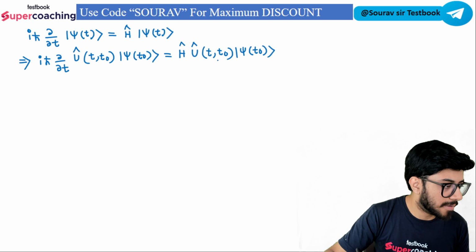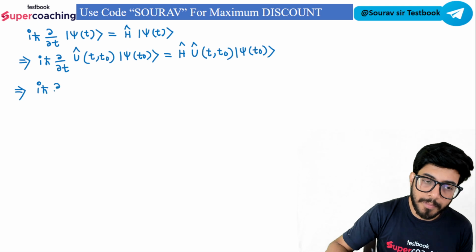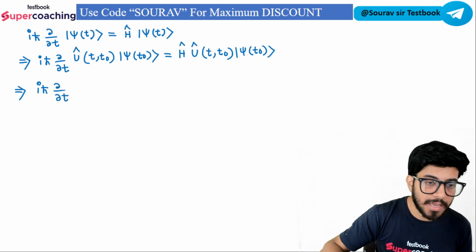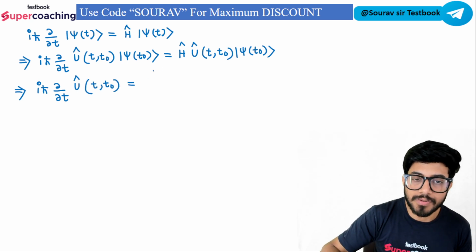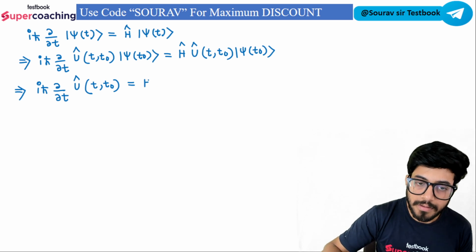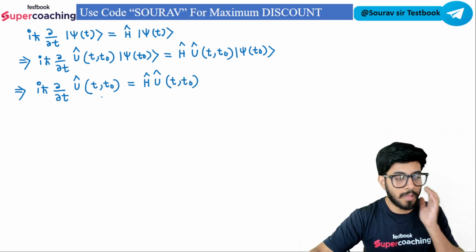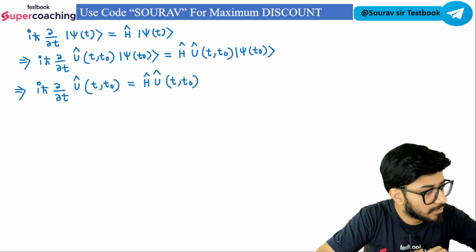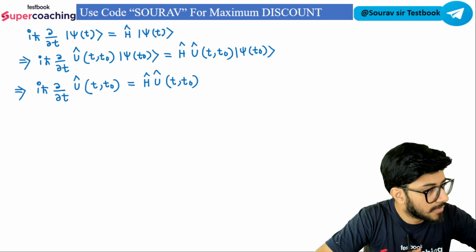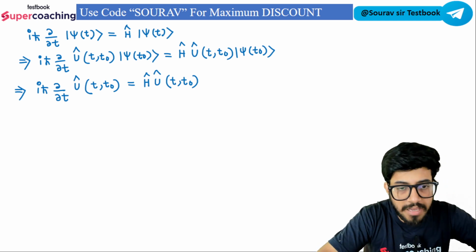Now, just because psi of t0 is arbitrary, I can write i h cut partial differentiation of t of u of t comma t0 equals h cap u cap of t comma t0. It's a very important thing.